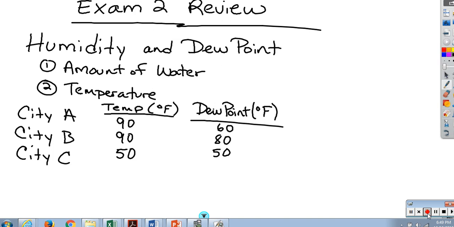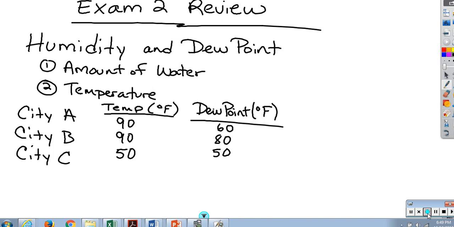So I've mentioned here in our example that City A has a dew point of 60 degrees, B has a dew point of 80 degrees, and C has a dew point of 50 degrees. So if we had to guess at what city there was the most moisture in the air, we would have to say it'd have to be City B.